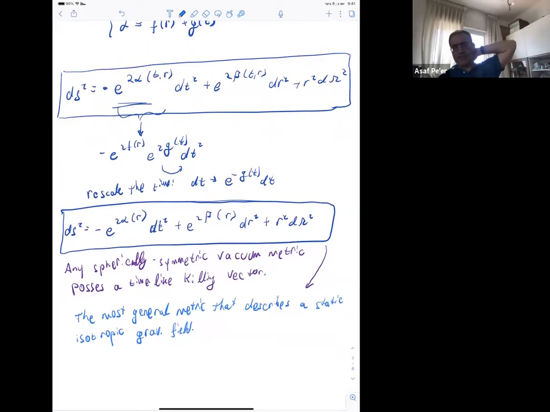When a metric has a time-like killing vector, it's called a stationary metric. Now there's a big subtlety here. There's a stationary metric and a static metric. Any metric that has a time-like killing vector is called stationary. If the time-like killing vector is orthogonal to a hypersurface, then it's also called static. In words that can be understood, the solar system is stationary, right?